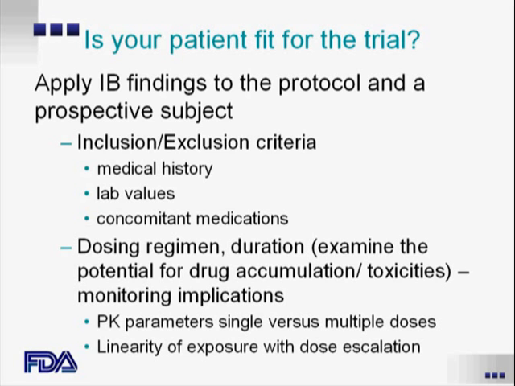You generally will see acute toxicity around the Cmax, so you also need to know when the Cmax is observed. And also with dose escalation, how linear the exposure with the product is, so you know if there's any potential for drug accumulation. You need to know the half-life of the drug to know whether the duration of follow-up is sufficient.